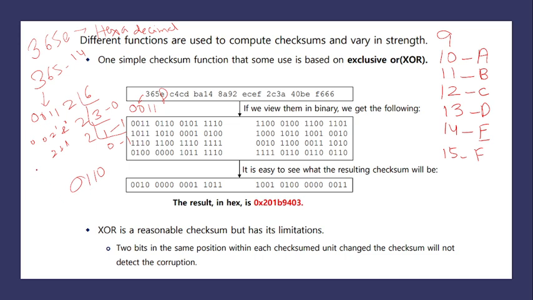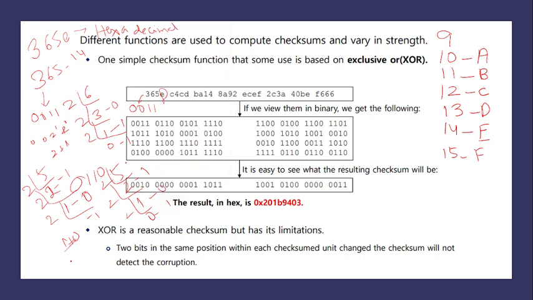Then comes 5: 5 divided by 2 is 2, remainder 1; 2 divided by 2 is 1, remainder 0; then 1.